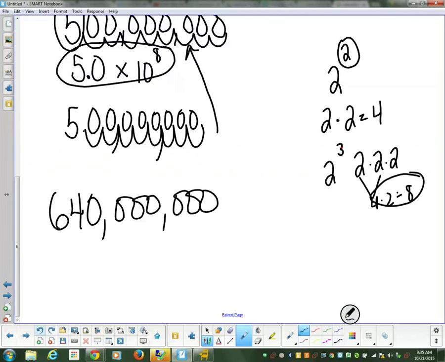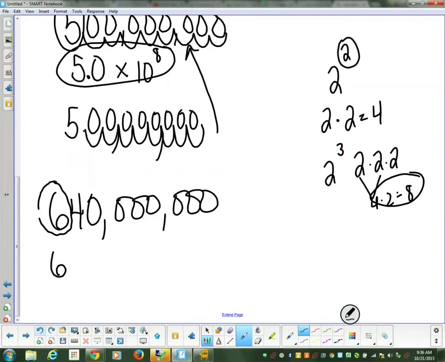How am I going to start to do this problem to get it turned into scientific notation? You start by circling the numbers from 1 through 10? Yeah, 1 through 10. So I'm not going to start all the way out here. We know that the number has to be which one? Which is the first number that fits between 1 and 10? Yeah. The 6, because it's the one that's closest over here.